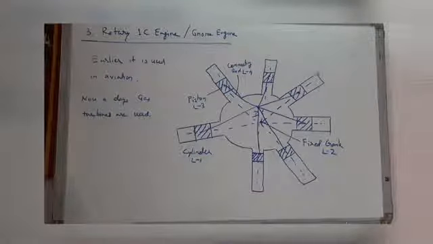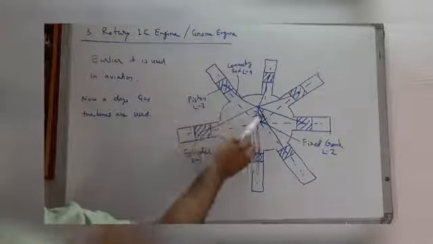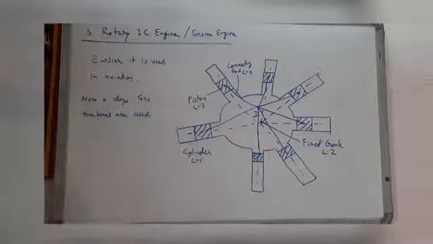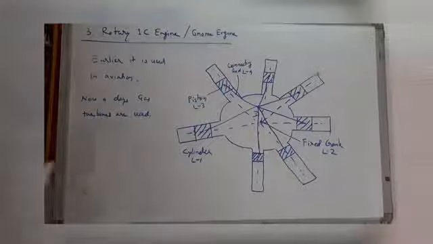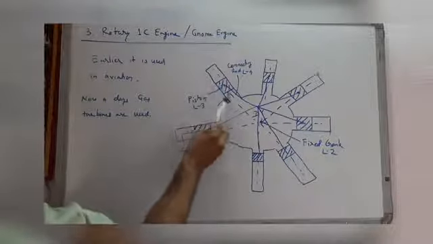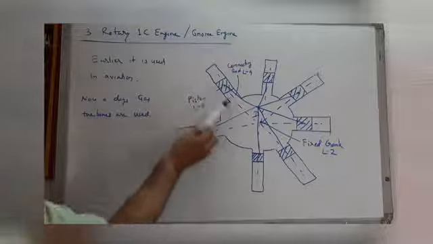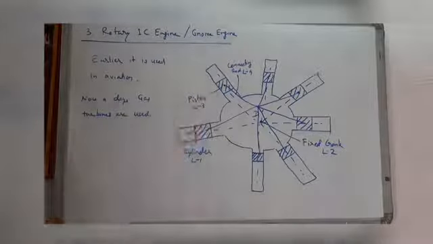In this mechanism, when the connecting rod link 4 rotates, the piston link 3 rotates with it. Then the piston link 3 reciprocates inside the cylinder link 1.